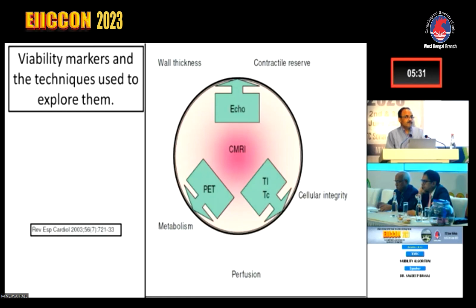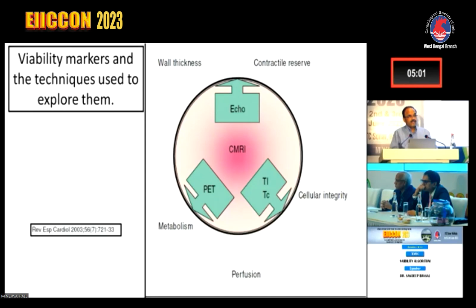The myocardium, when stimulated, should be able to contract more than it is doing at baseline, or what we call contractile reserve. It has to have cellular integrity. You cannot have a destroyed cell wall and have a viable myocardium. And it has to continue to have metabolism. The substrate, however, changes.